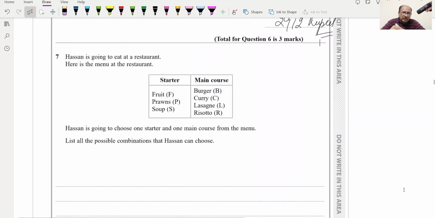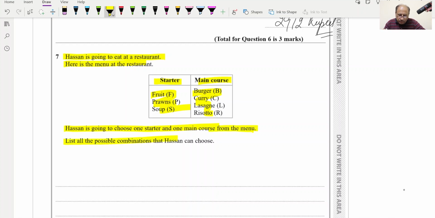Now question number 7. Question 7 says Hassan is going to eat at a restaurant. Here is a menu at a restaurant, with starter and main course, and these are the starters and these are the main course. So Hassan is going to choose one starter and one main course from the menu.